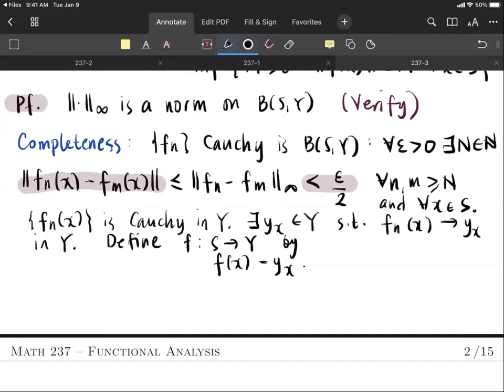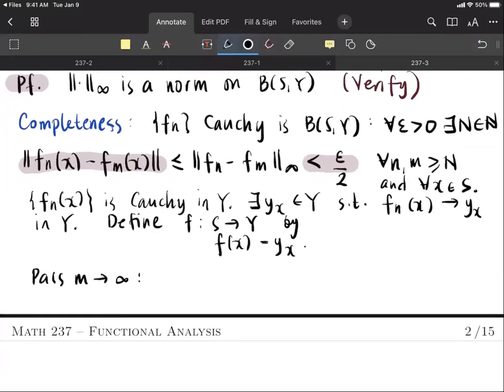Now, if we let m tend to infinity in this equation here, we get the following. The limit of f sub m of x is y sub x by definition, but y sub x is equal to f of x.